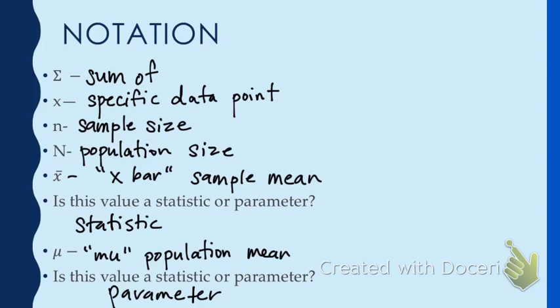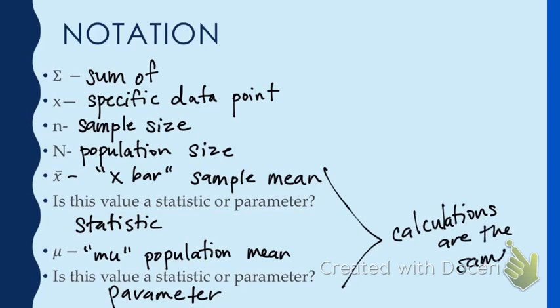But the way that they are calculated is the same. So calculations are the same. You're still going to add them up and divide by your sample size or population size, but the notation that you use in front of it is going to be different.